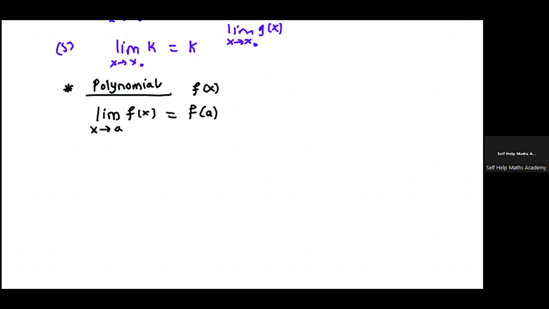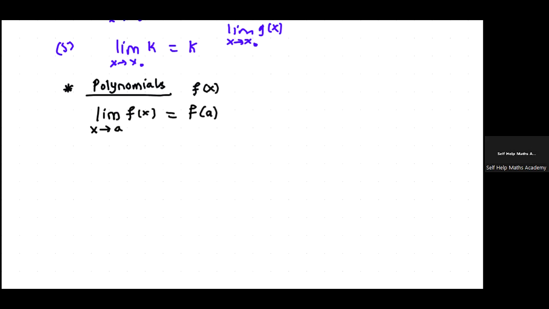So wherever x is there, I'm going to substitute that limit value when it is a polynomial function. This is applicable for other non-polynomial functions as long as they are continuous functions. But for polynomials, this is always applicable.